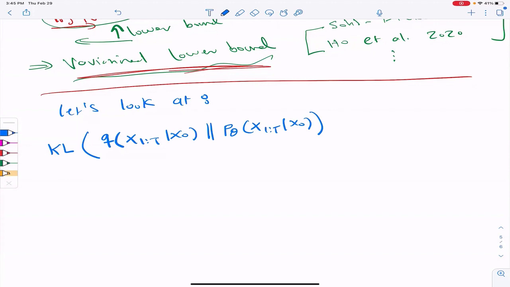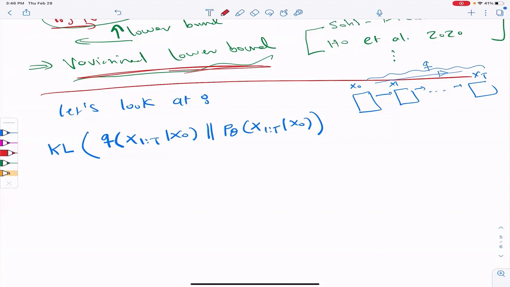All right, so if we look at the picture that we had in mind, here's my x0. I add noise to it, I get x1, I add noise again, and so on, I get xT. So the forward process is governed by Q. You can either think about it as a conditional distribution, where you have Q of x1 given x0, and so on and so forth, or alternatively, you can look at the joint distribution of x1 to T given x0.